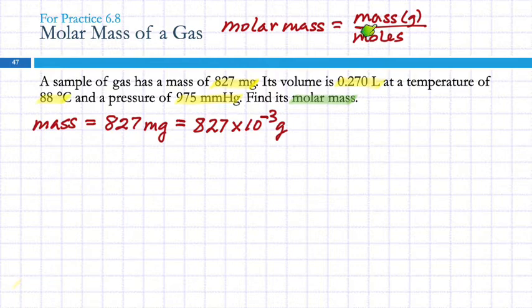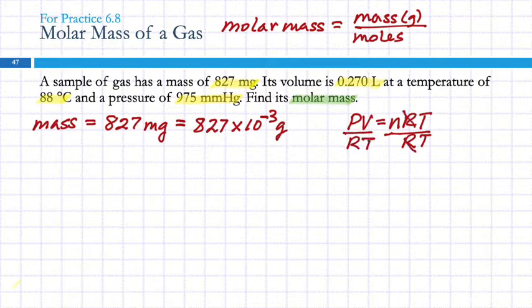So that's this part. How do we find the moles of gas? Ideal gas law. So we know that PV equals nRT, and we need to solve this equation for n. So divide both sides by RT.